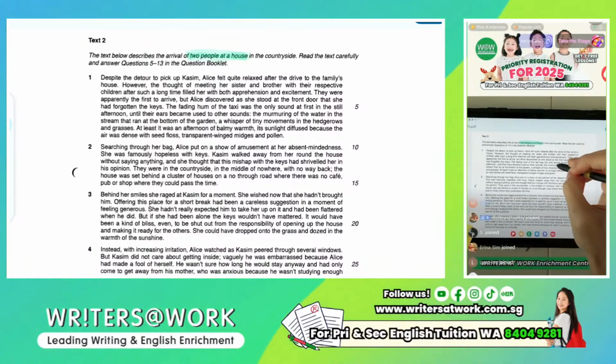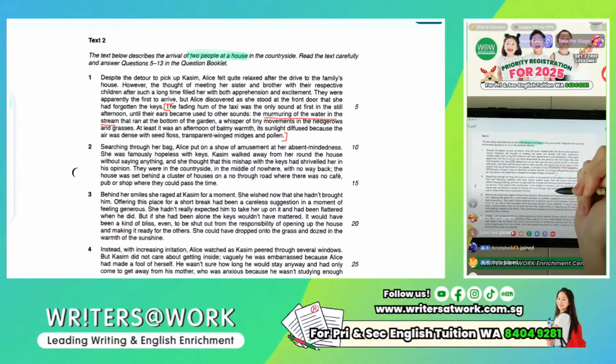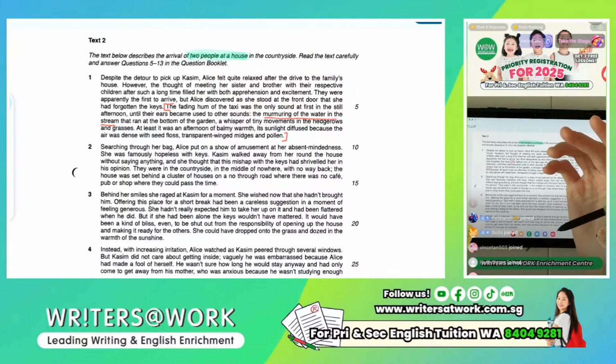You can see that from line 5 onwards, all the way, there is this emphasis on sounds. So they talk about the fading hum of the taxi was the only sound in the still afternoon. The hum is like your engine noise, okay? After that, you can talk about the murmuring of the water in the stream. You can see this is actually a personification, because murmuring is like somebody talking in a very low voice.